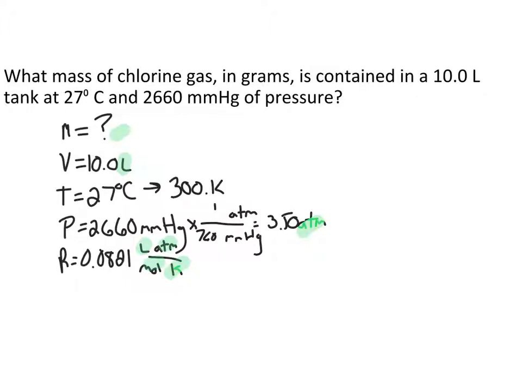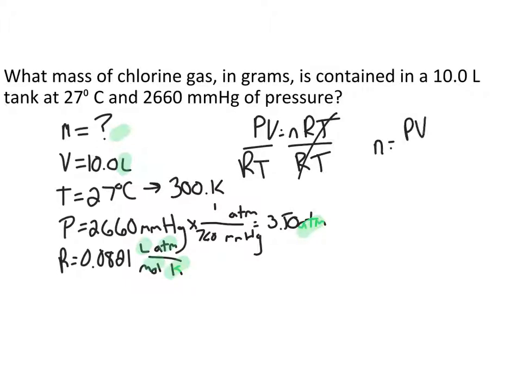Okay, so I'm using PV equals nRT again. And this time I'm solving for n, so I need to divide both sides by RT so that they cancel. So my new equation will be n equals PV over RT.